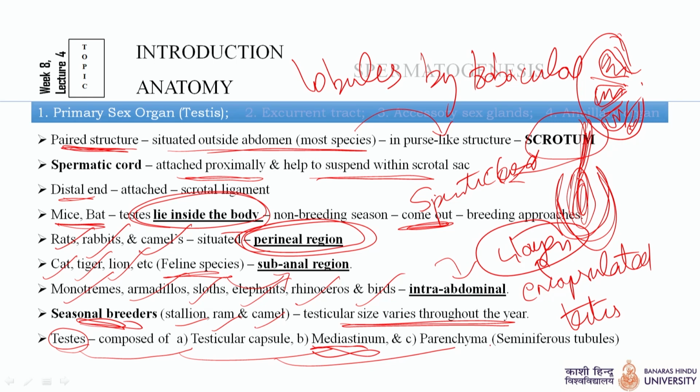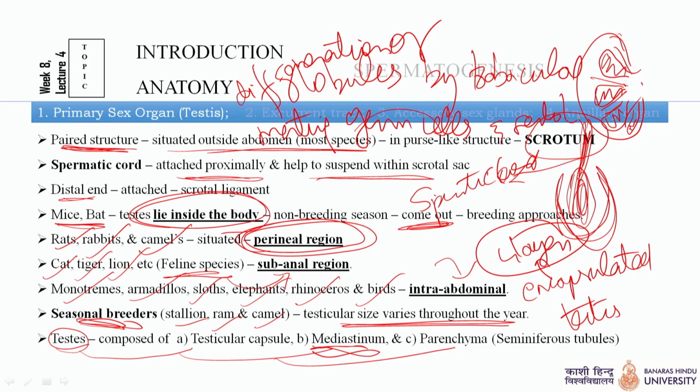Then third is the parenchyma, or you can say testicular parenchyma. This is comprised of seminiferous tubules, which are lined by different generations of maturing germ cells and Sertoli cells.